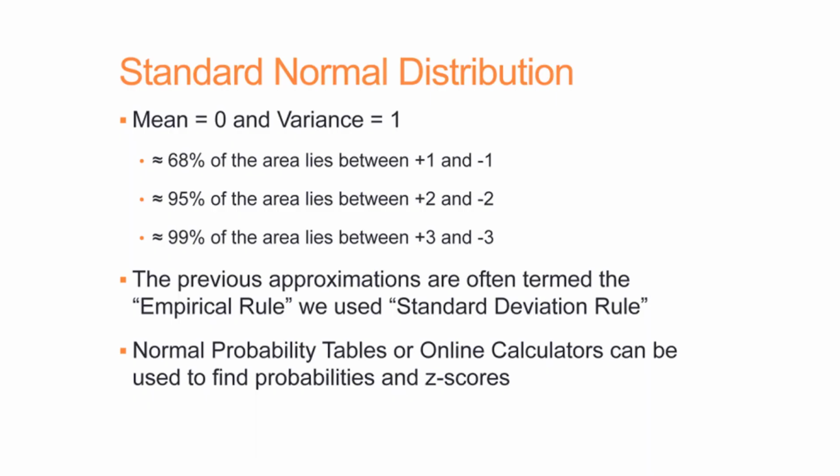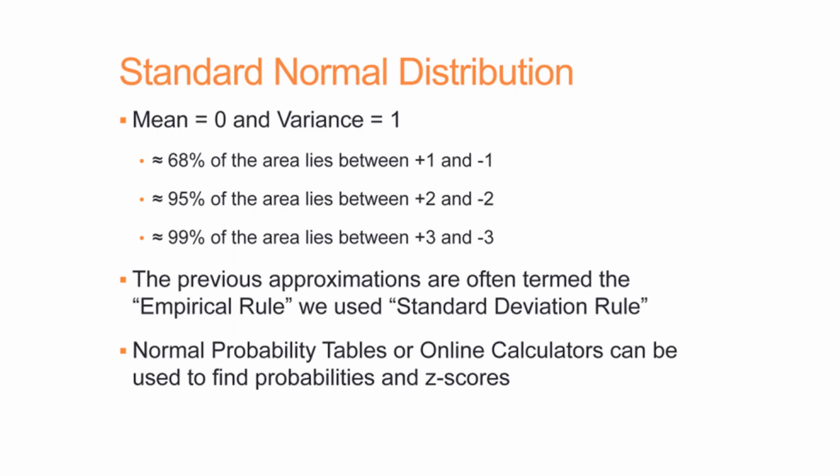The standard normal distribution is an important special case which has a mean of 0 and standard deviation of 1. Thinking back to the standard deviation rule, since the standard deviation is equal to 1, then we can say that approximately 68% of the area lies between +1 and -1.